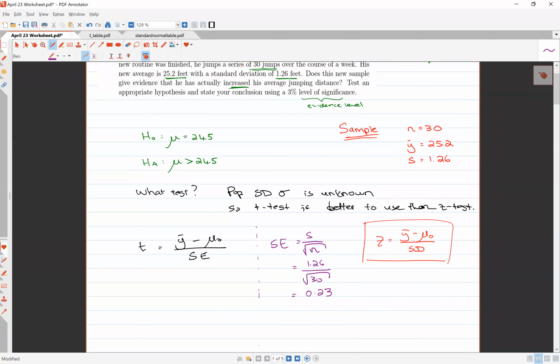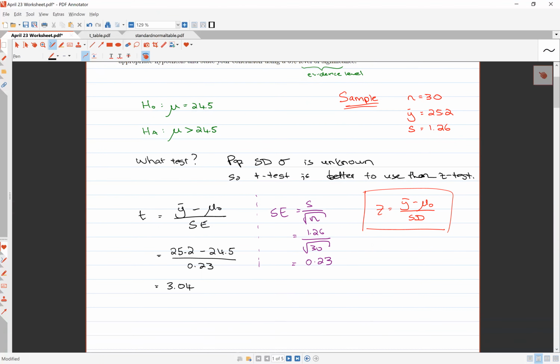So this lets us now calculate the t-value. The new sample average is 25.2. The value under the null hypothesis is 24.5. Our standard error is 0.23. And so we therefore find a t-value of 3.04.